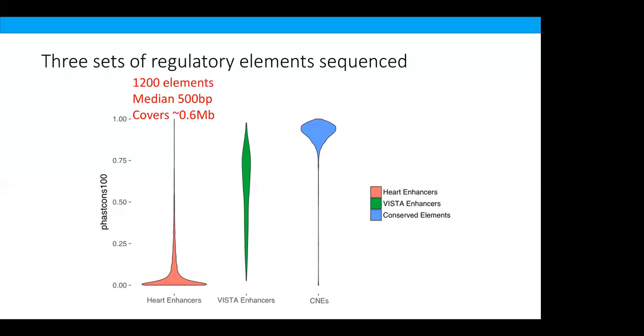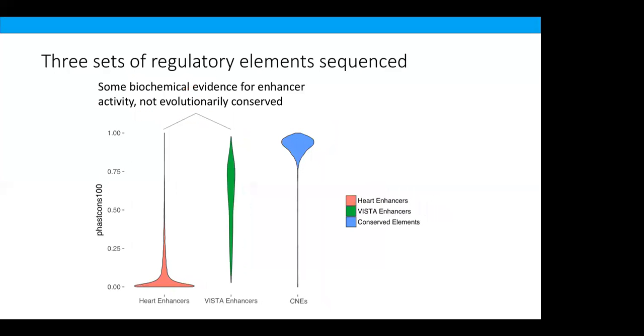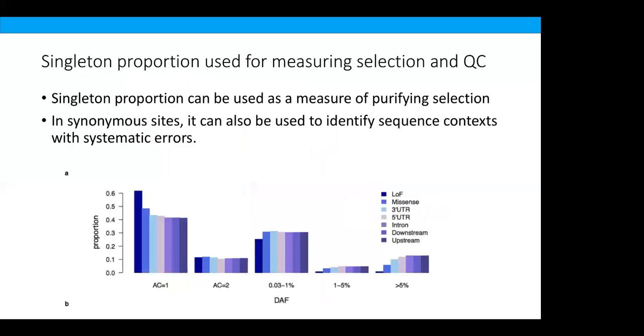So the first thing we wanted to do was characterize these 3 sets of non-coding elements a little more closely. A lot of you may be familiar with this, the singleton proportion or the mutability adjusted proportion of singletons as a measure of purifying selection. Basically, if we look at a class of variation like loss of function mutations that we suspect to be under purifying selection or damaging in some way, the variant frequency spectrum will be shifted towards the rare end of the spectrum.